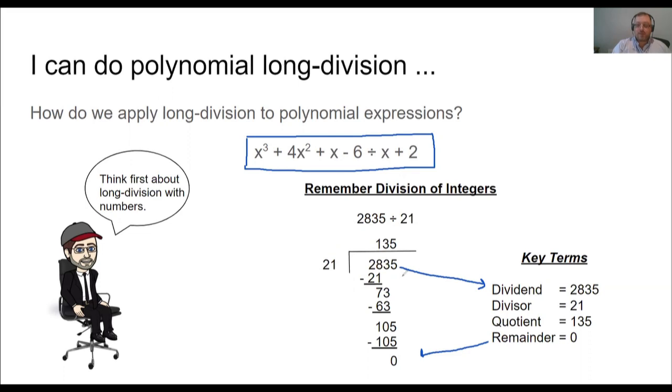You said, okay, let me bring down the 3. Well, now I'm saying 21 will go into 73 3 times. So I take the 3, I multiplied it by the 21, and I got 63. And then I subtracted and got 10. Then I dropped the 5, 105, and said, well, 5 times 21 will give me 105 and 0 remainder.